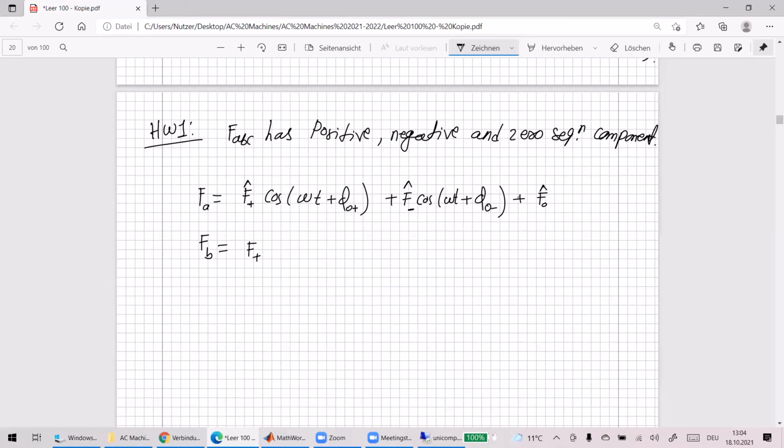So for the B phase, we know that in the positive sequence, we lag by 2 pi by 3 angle. And in negative, we lead by 2 pi by 3 angle.